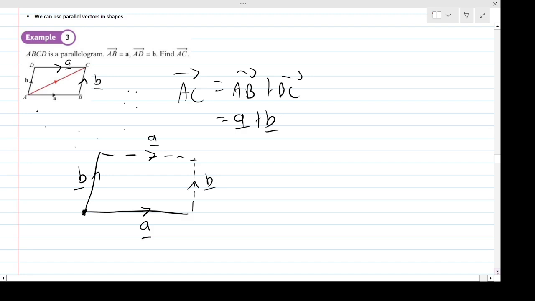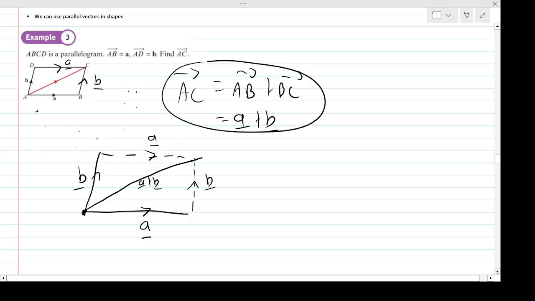And moreover, the diagonal we said was the sum of the two vectors, so A and B. But that's just what we're showing here, right? The diagonal A to C is the sum of the two vectors that we've got, A and B. So that's the parallelogram law in action there.